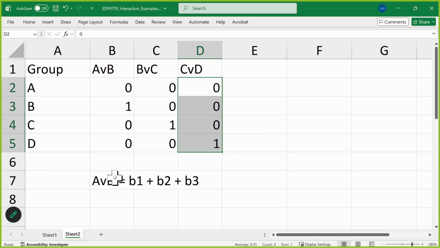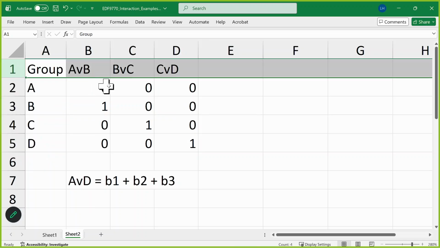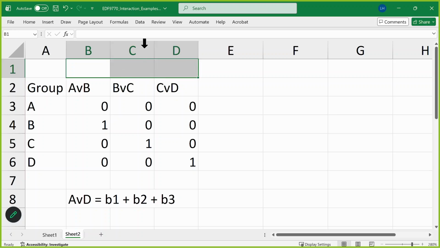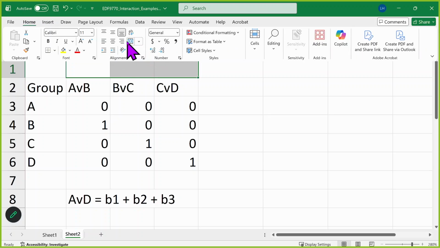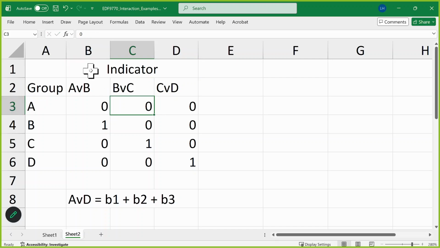Sorry, I'm having a hard time understanding. Maybe it's just because it's a little bit more abstract. How A versus B gets C and D coded as 1. Okay, let me stop switching back and forth and label these things properly. How about that? So this is indicator coding.